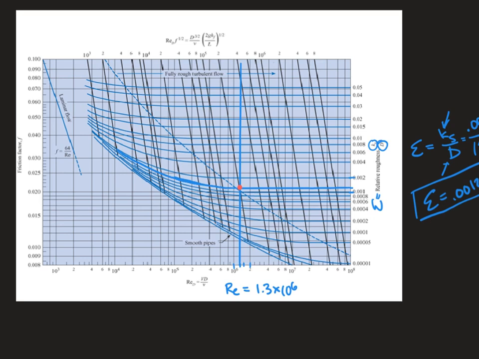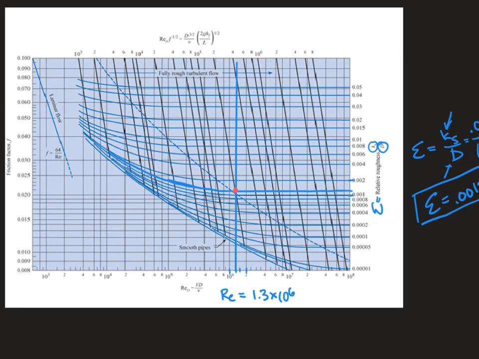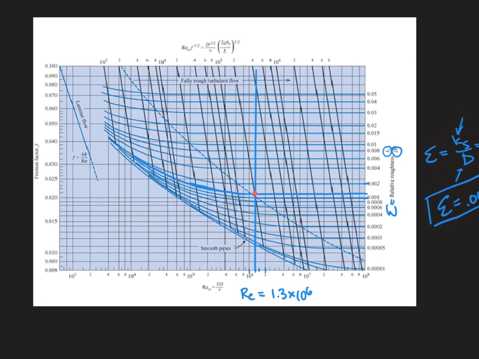And so if I want to get f, the friction factor, we're just going to follow that point over until we get to the vertical axis on the left. To the extent that I'm capable, to two significant digits, 0.021 is f.